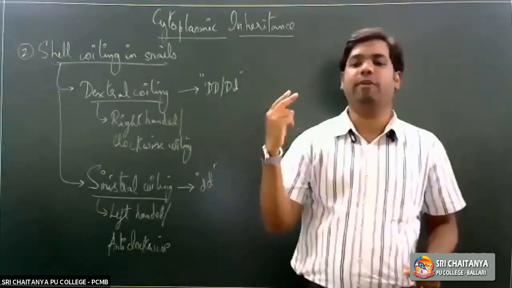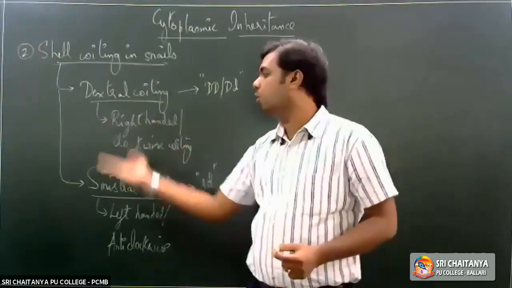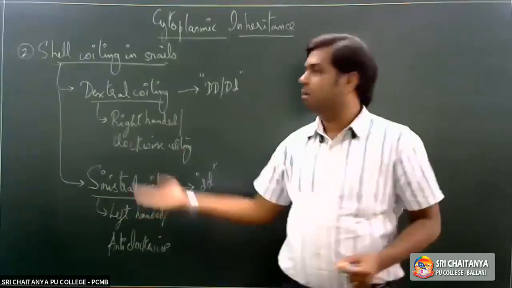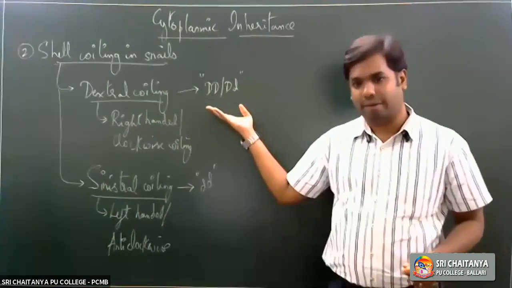So we said that there are two different types of coiling. One is called the dextral coiling and the other one is called the sinistral coiling. Dextral coiling is a dominant trait, right?